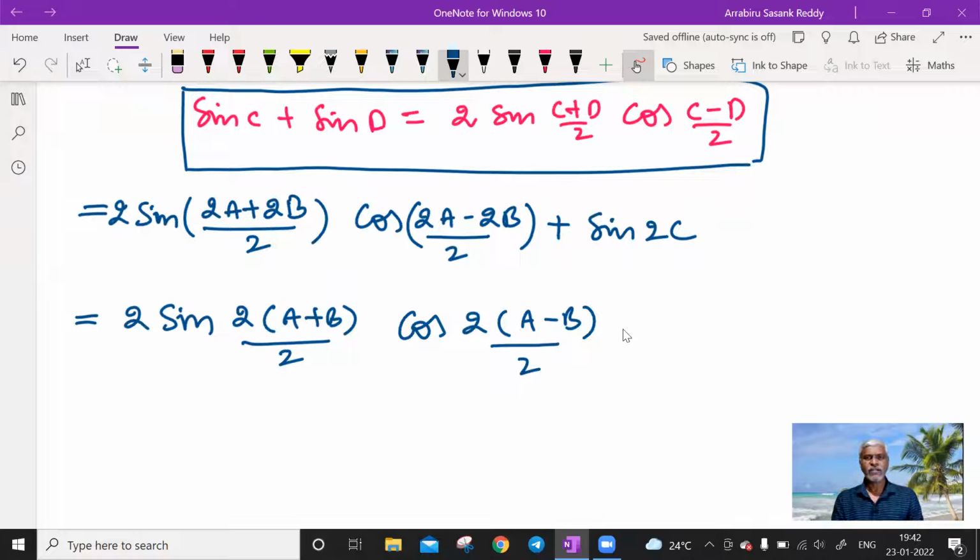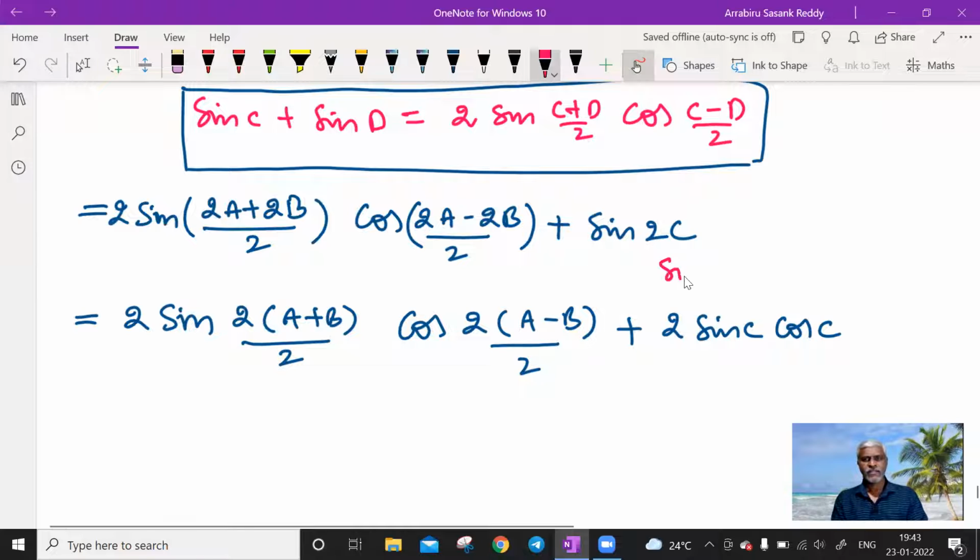And sin 2C as 2 sin C cos C, since sin 2 theta is equal to 2 sin theta cos theta.